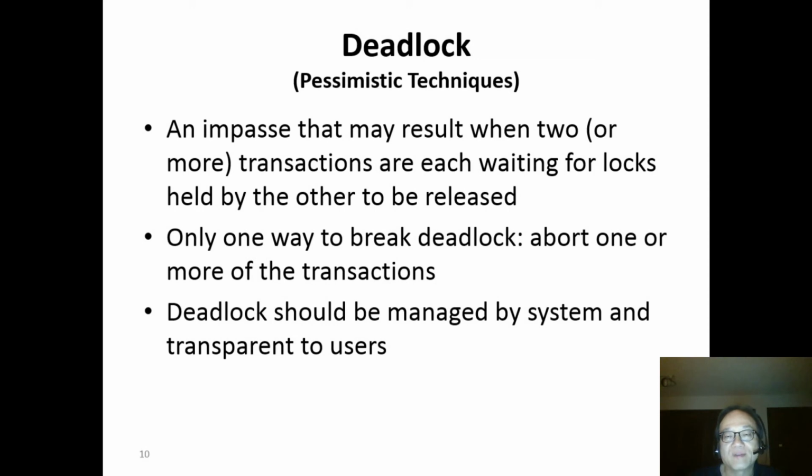In other words, the only way to break a deadlock is to terminate a transaction or transactions. Those terminated transactions are sometimes called victims. Those terminated transactions will be restarted by the system later.